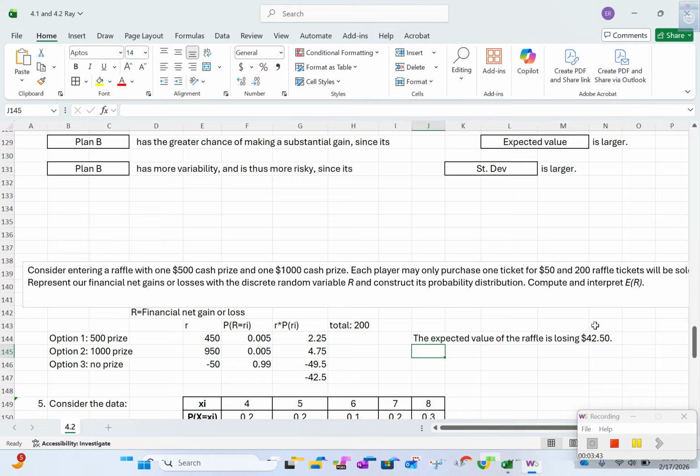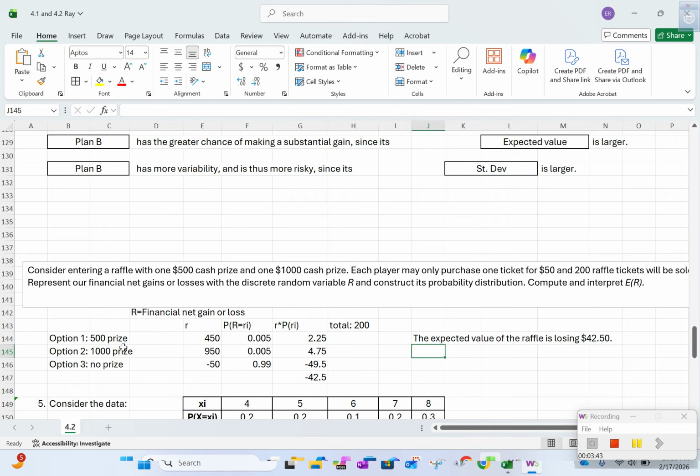So while the consumer, the person buying the raffle, is likely to lose, that in return means the people running the raffle are going to earn more money than they're giving out. If you think about it this way, 200 times 50 gives you more money than you're handing out here. That's the goal, making sure that you're earning more money than you're giving away.